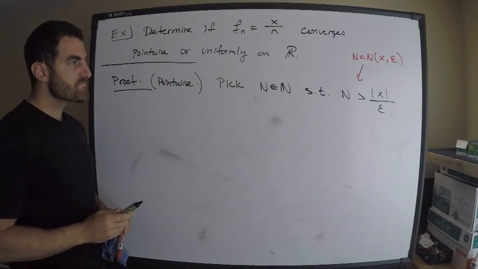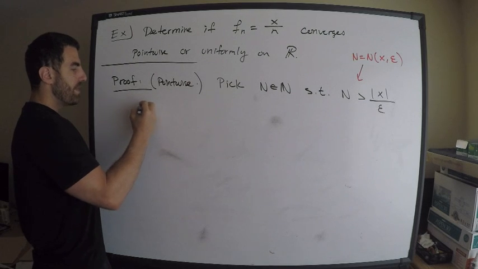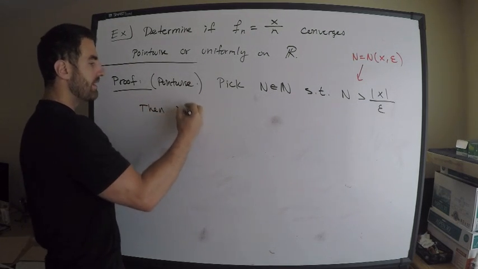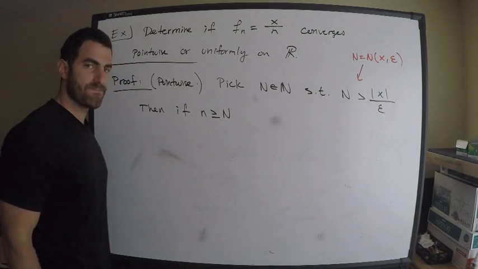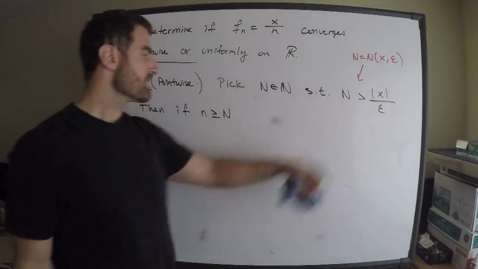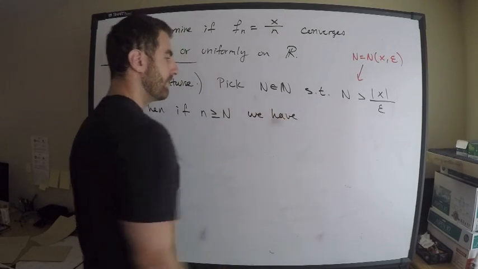So if I pick N this way, then if little n exceeds that capital N that I've chosen, we have the following.